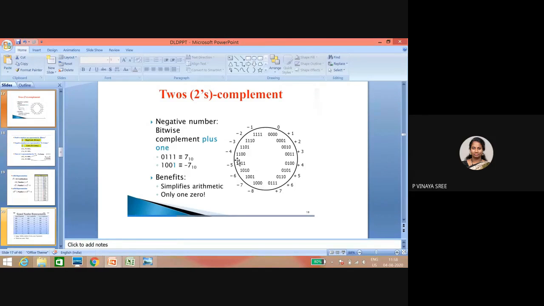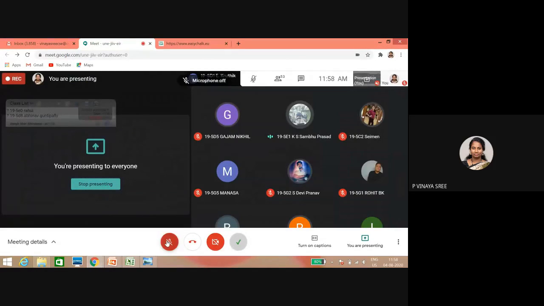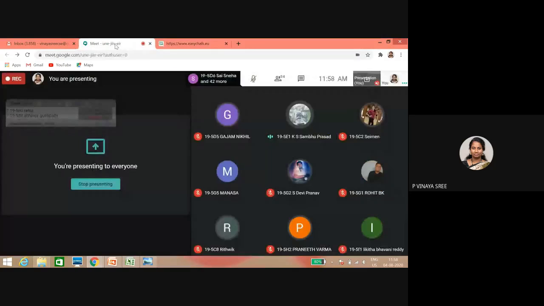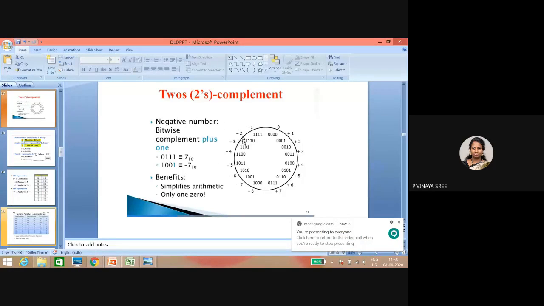If you see the MSB part, you can identify it is a negative number. Okay, but to know whether that number is 8 or 9 or 6, definitely you have to do 2's complement, then only you can identify.